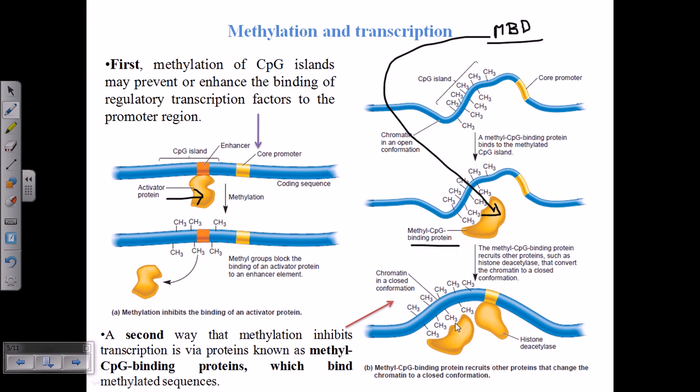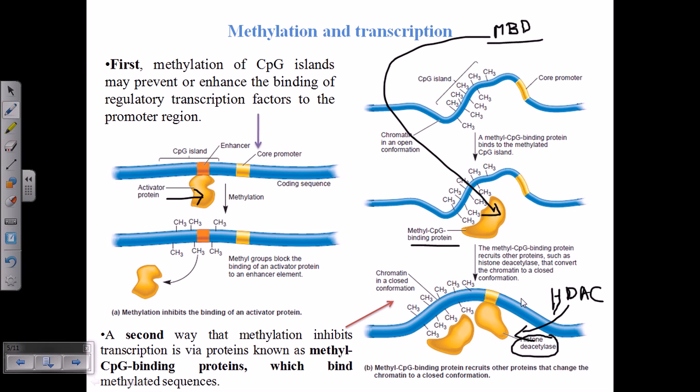More importantly, this MBD attachment will recruit another type of protein, called histone deacetylase, or HDAC. The role of HDAC is to silence the gene again, because HDAC will allow the DNA to be wrapped around histones tightly so that they cannot be expressed.